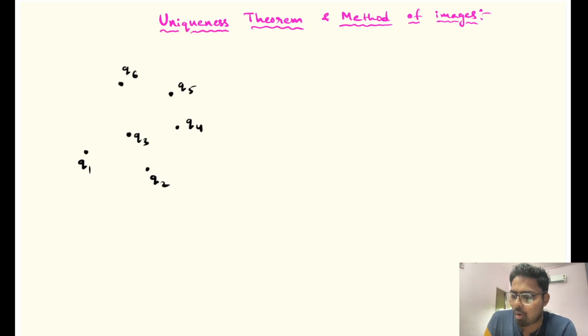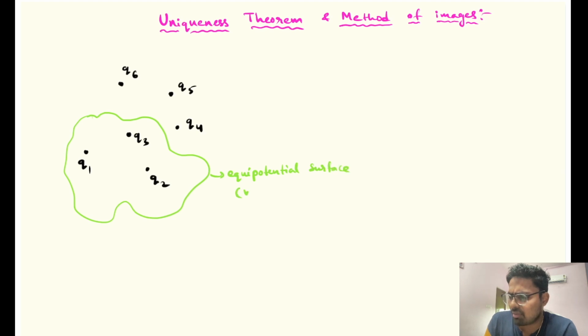Let's say because of the system of charges that we have here, there is some equipotential surface. I am just drawing, let's say, some equipotential surface randomly like this, of some potential V0.